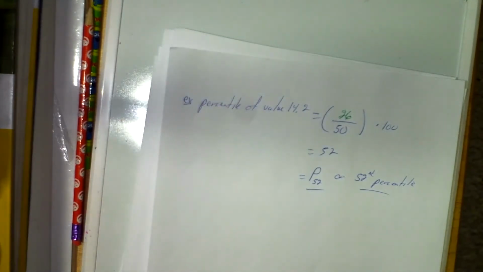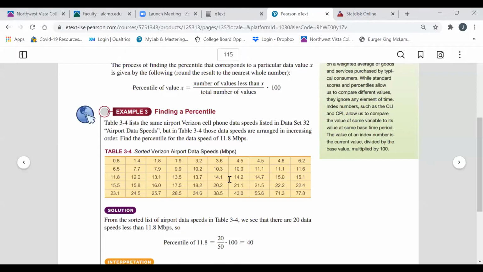Let's pick another number on the table. Let's do 7.9. Let's find the percentile of value 7.9. Now, how many numbers are before or smaller than 7.9?